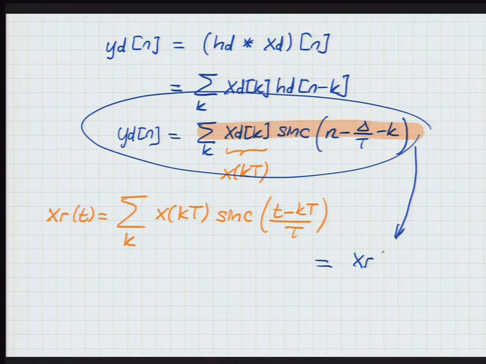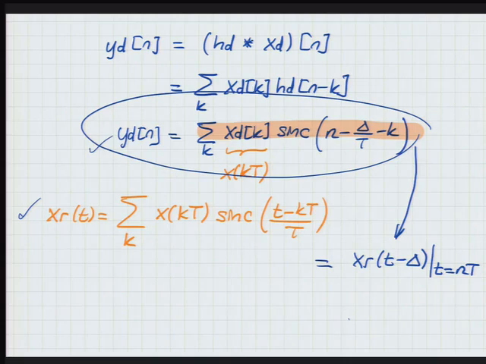By delta. So if I shift XR by delta and substitute n times T, so if I shift my XR by delta and then look at the samples, do you agree that you recover the same expression? Just comparing this to this. Yes? Okay. So take that t, subtract delta, you have delta by T, and put little t equals n times capital T, and you'll get the same expression.